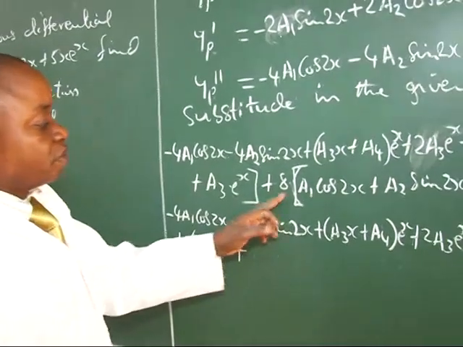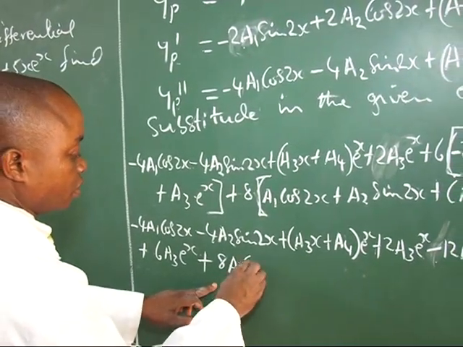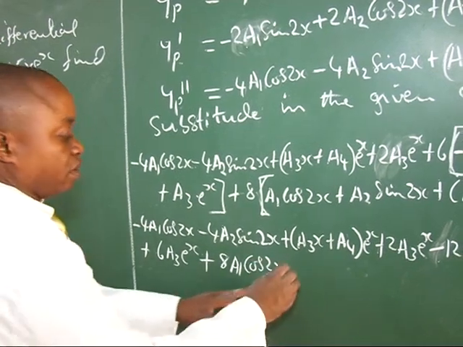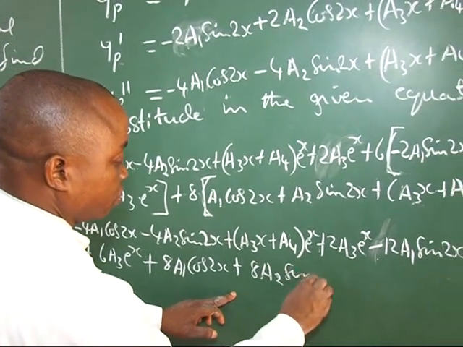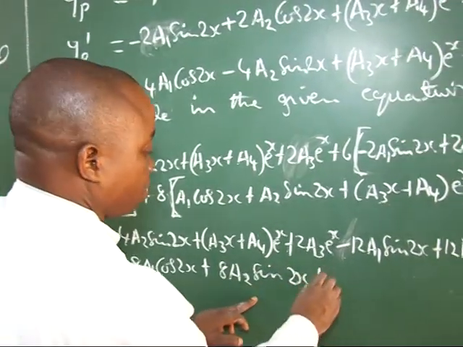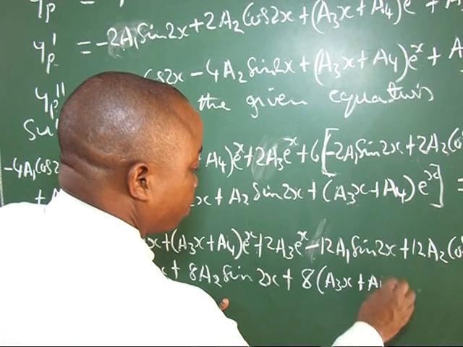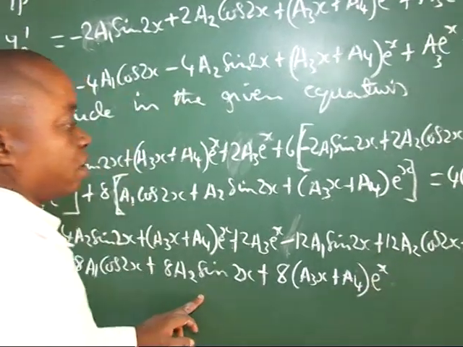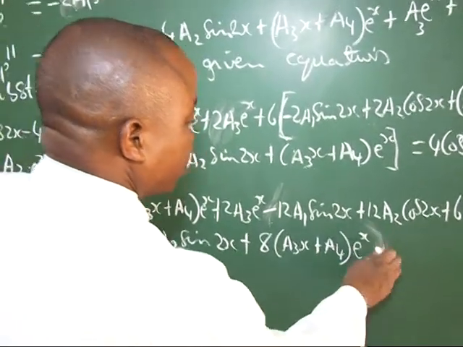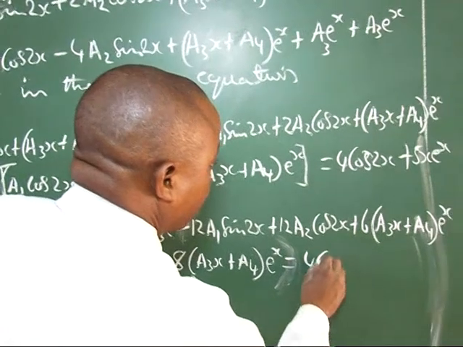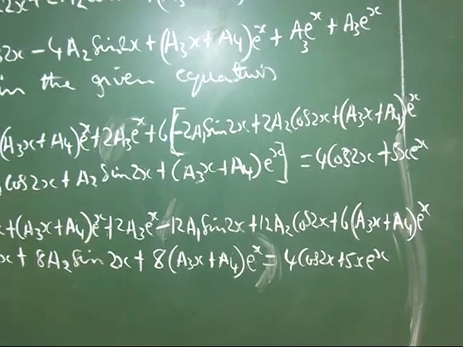Now, plus we use the 8 to times also: 8a1 cos 2x plus 8a2 sine 2x plus 8(a3x plus a4) exponential x. Okay, we have opened this up. So this is equal to 4 cos 2x plus 5x exponential x.